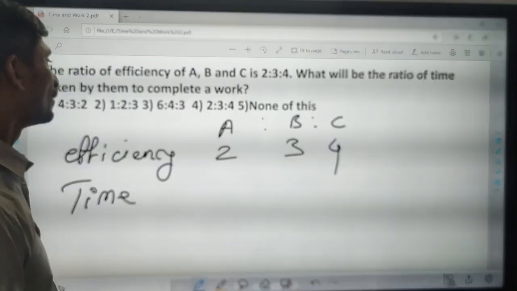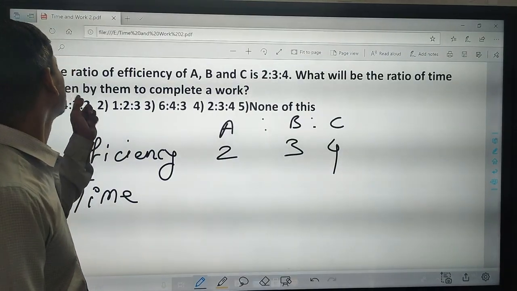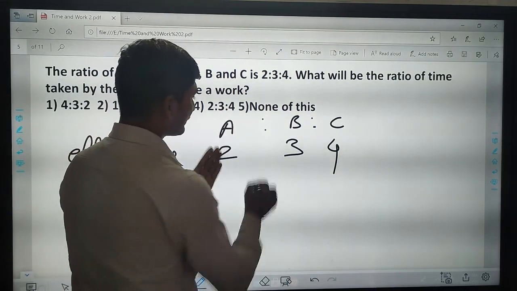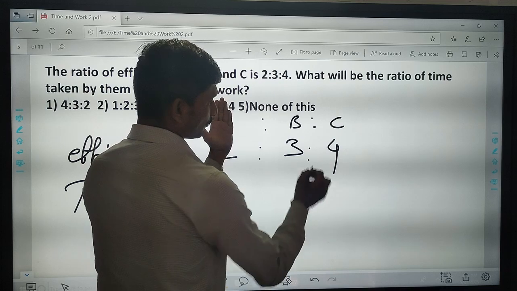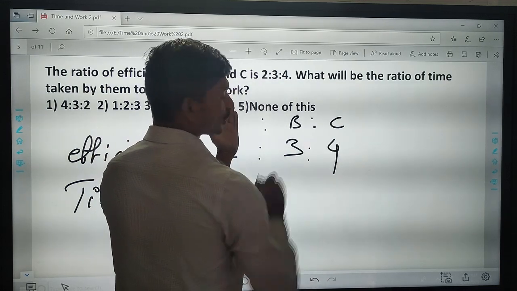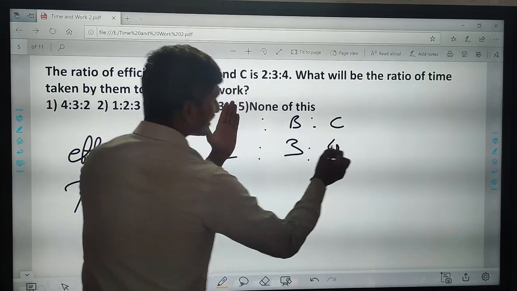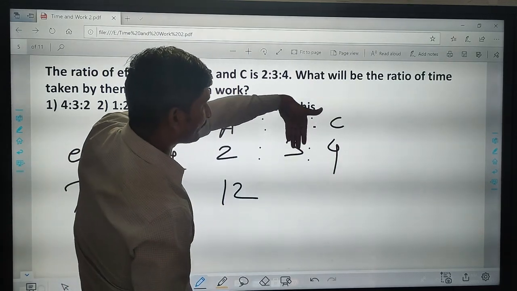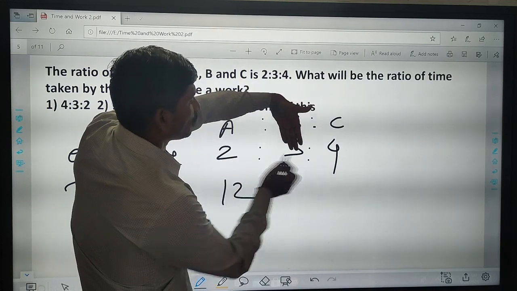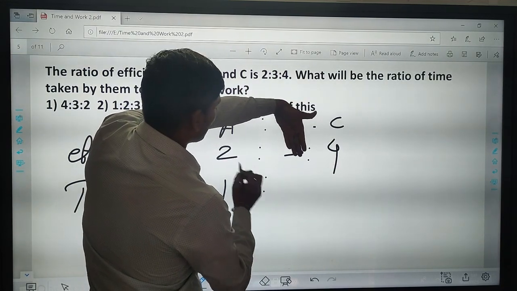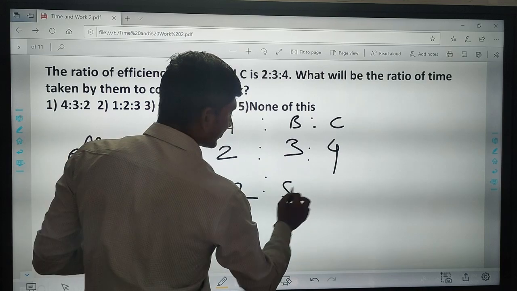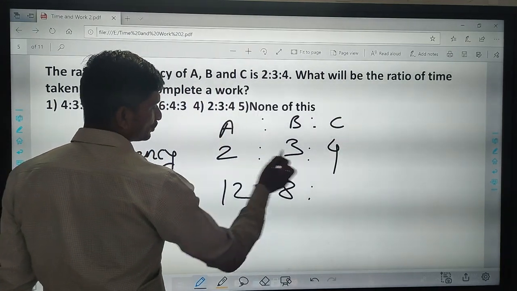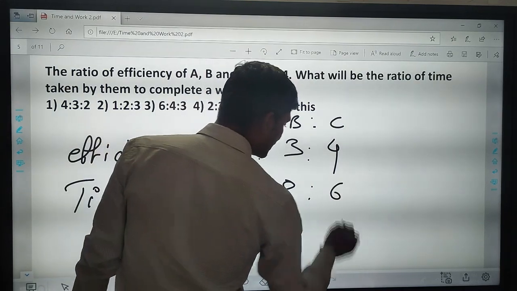Now we find the ratio of time taken by them to complete the work. Here we skip 2, then we get the multiplication of B and C, 3 times 4 is 12. Now we skip B, remaining is 2 and 4, multiplication is 8. Now we skip C, multiplication of these two, 2 times 3 is 6.